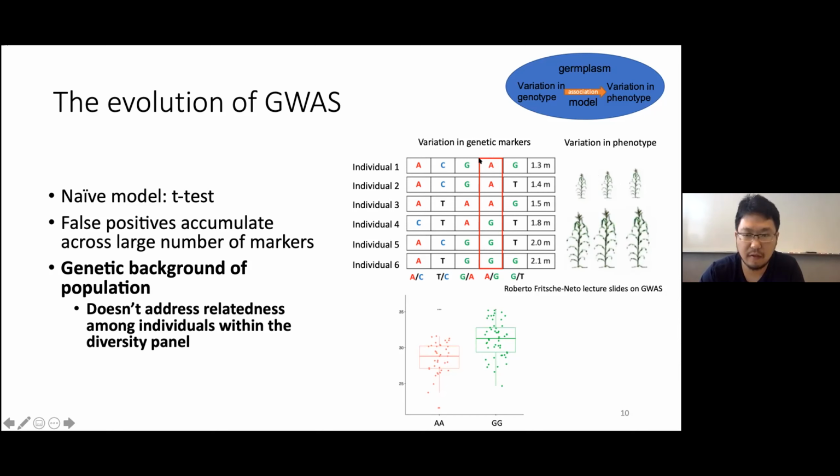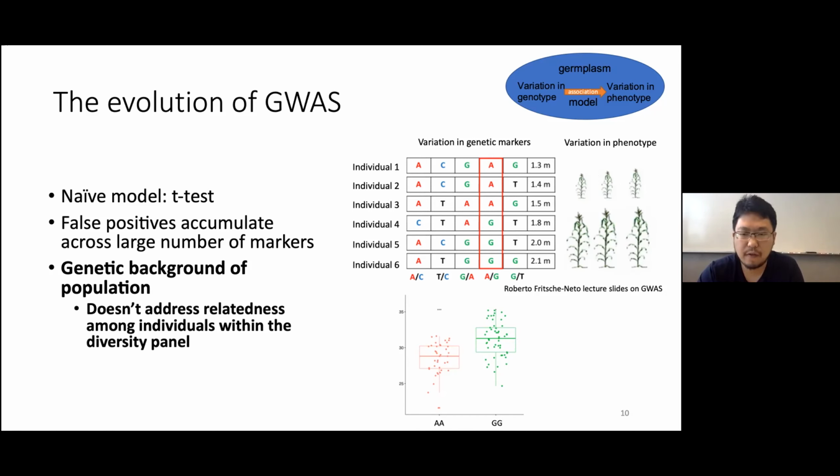Let's take a look at this marker. For example, there are two alleles, A and G. We want to compare the individuals carrying the A allele versus the G allele. We want to compare the mean plant height of these two groups.